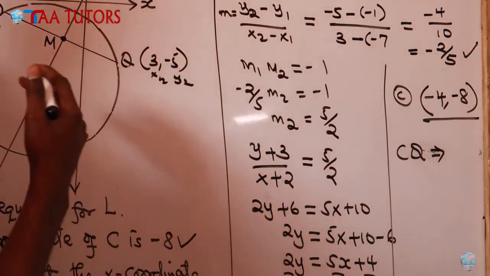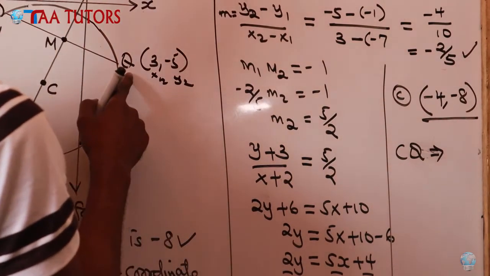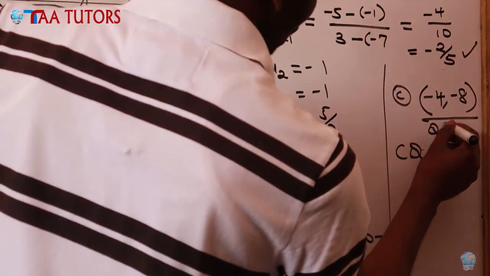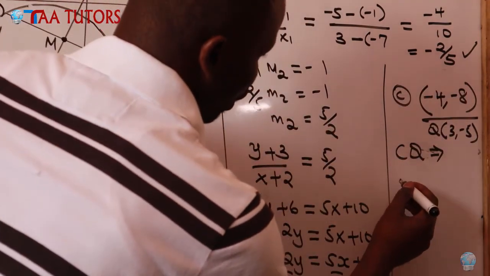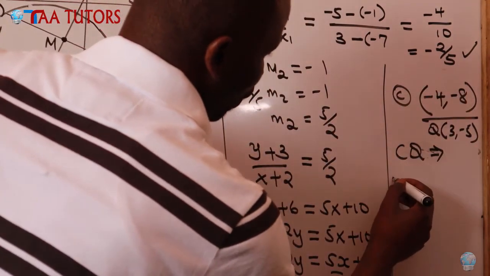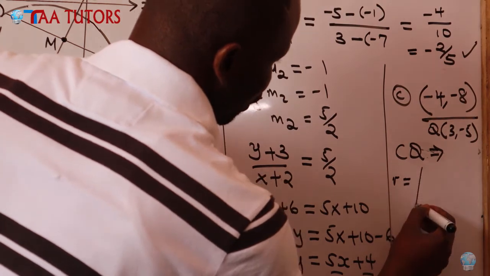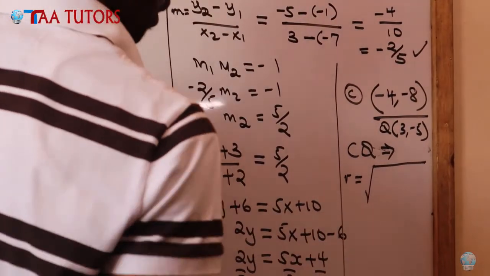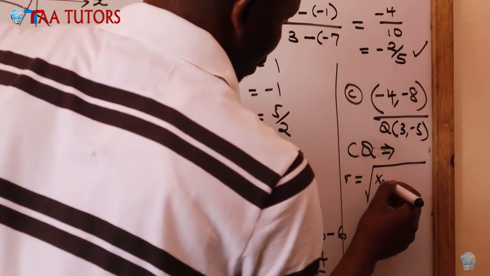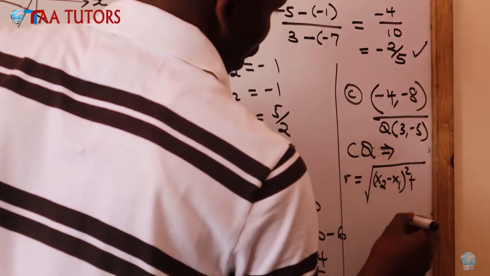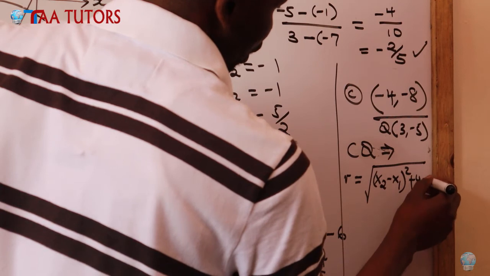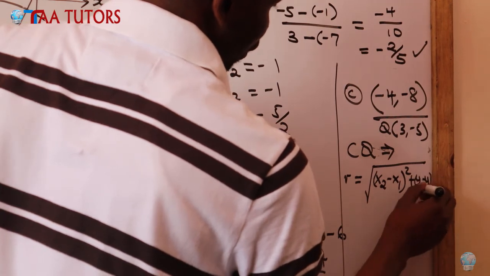When I subtract the two coordinates, and the coordinate of Q here is 3, -5, the radius here will be the square root of x2 minus x1 squared plus y2 minus y1, everything squared.